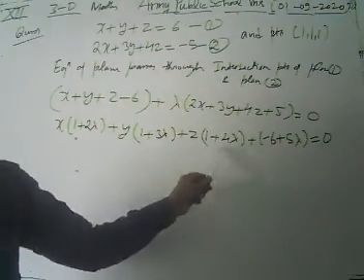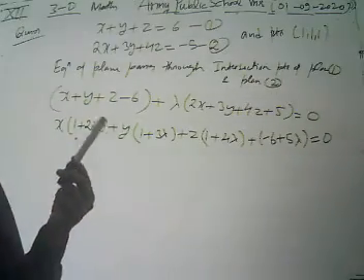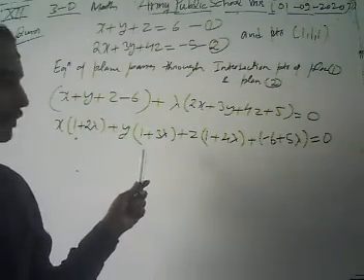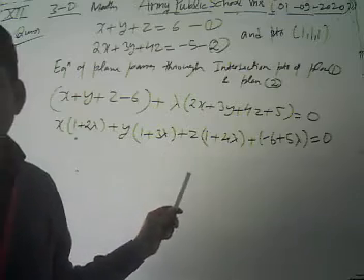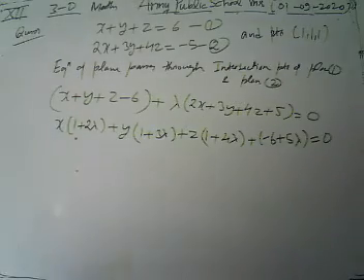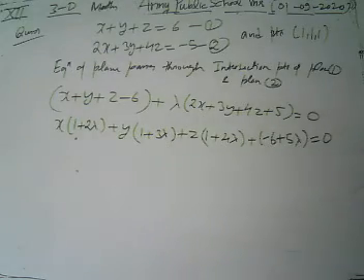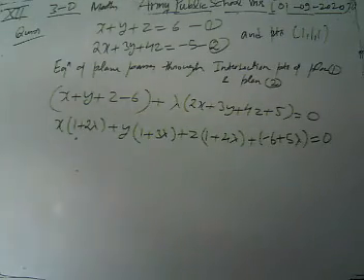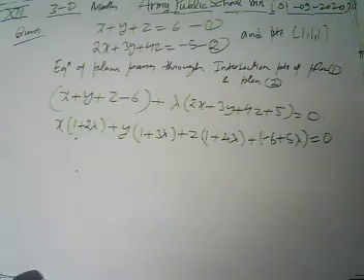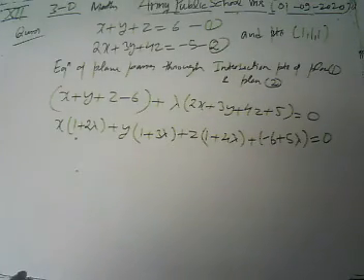Now look, it passes through the point 1, 1, 1. If this equation of plane passes through the point 1, 1, 1, then obviously this point satisfies the equation of plane. So we put 1, 1, 1 in place of x, y, z.